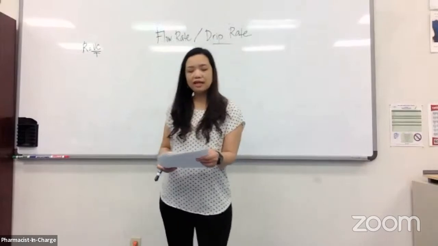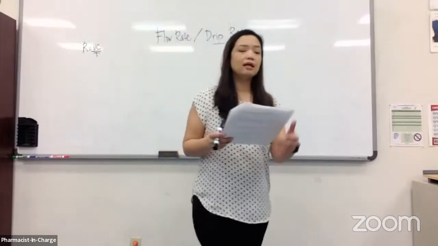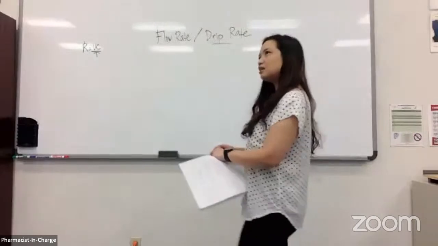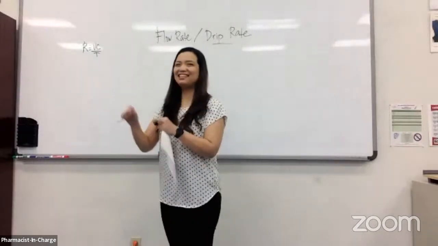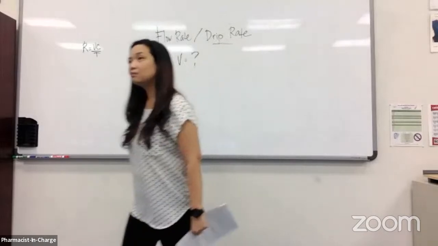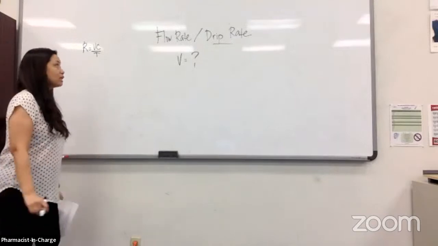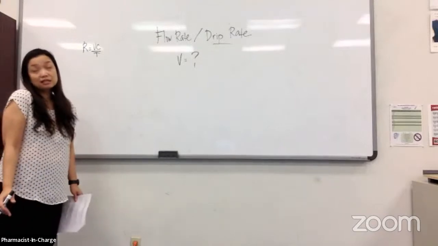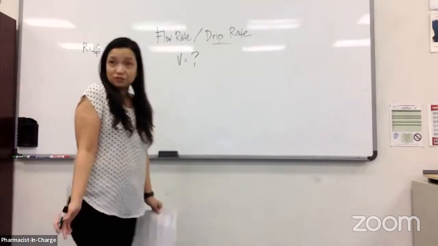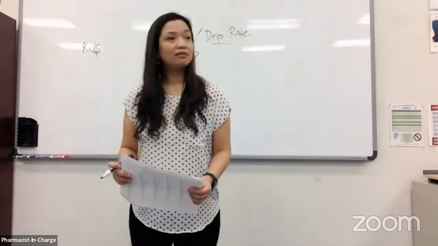In 10 hours, how much will the patient receive? I didn't understand that. Do it again. An IV is infusing at 45 drops per minute and the drop factor is 20 drops per ml. In 10 hours, how much will the patient receive? I got the how much. Which means what's missing? Volume. I'll put that right away on my test paper. Yeah, I'm taking it like I'm taking the test as a student. You see that? I always put myself in your shoes.